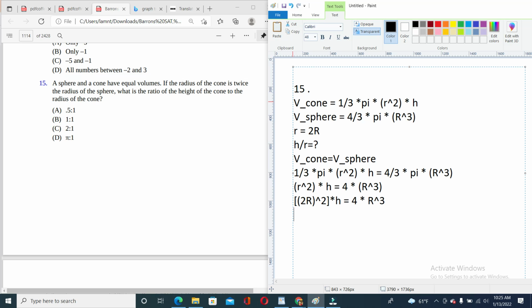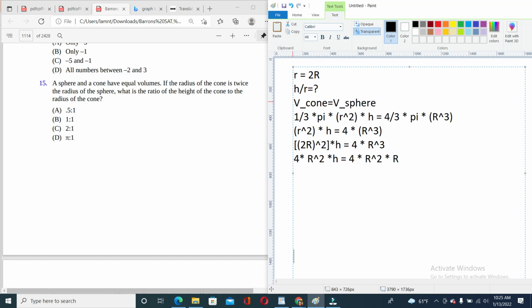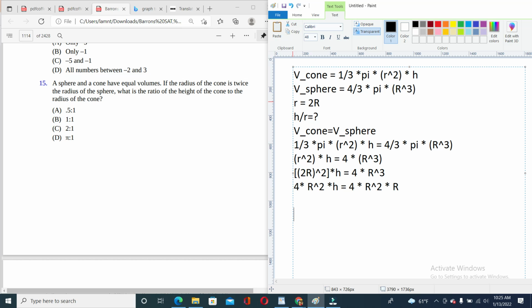So it's going to be 4 times big R squared times h equal to 4 times, okay, let's do it this way. R cubed is going to be R squared times R, so we have the same 4R squared on both sides, so we can get rid of 4R squared on both sides because they are a common factor.